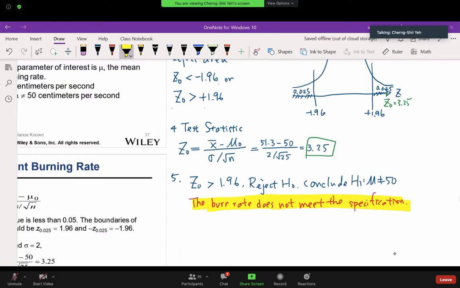What is your manager going to see if you don't put this conclusion there? Reject the null hypothesis? What does alternative hypothesis mean? What your manager is expecting to see is that your analysis shows the current burning rate does not meet the specification, so that your manager can make a decision to reject this lot.